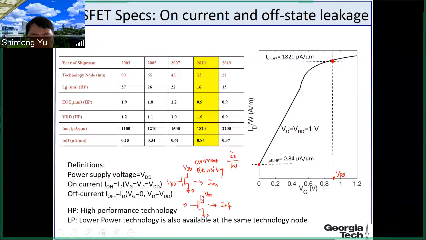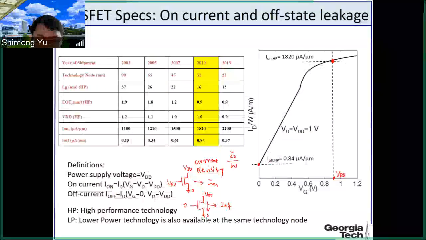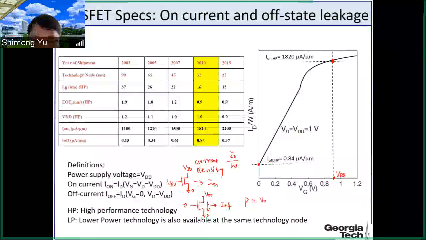Why would this I off matter? Because here, even in this transistor, you see that you are conducting the current from the drain to the source, even when the gate is 0. So this current is consuming power, because you know the power is VDD times I off.